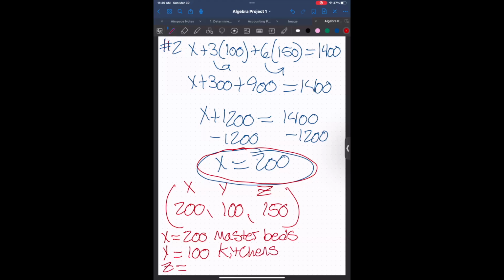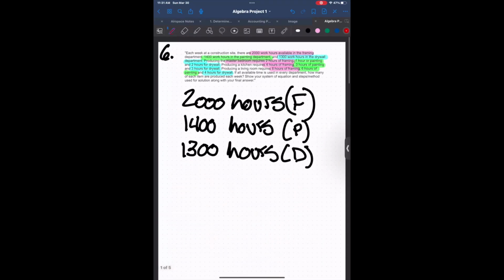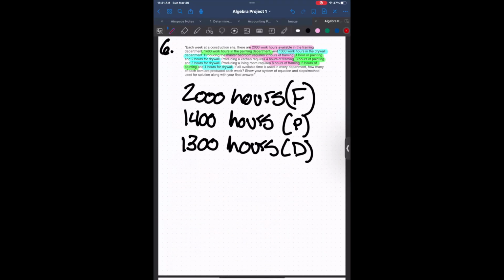Z is equal to 150. So that is how many our team can do with the allotted amount of hours. They're very efficient on master bedrooms and living rooms. The kitchen takes a while. Thank God for that. There you go.